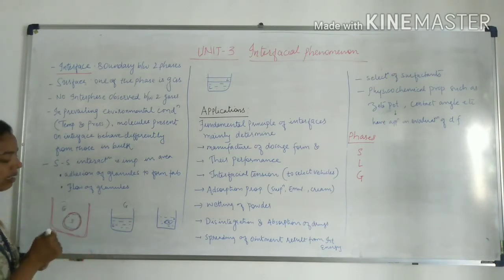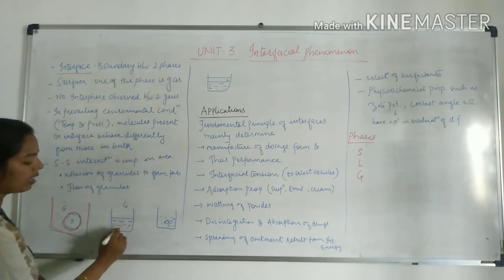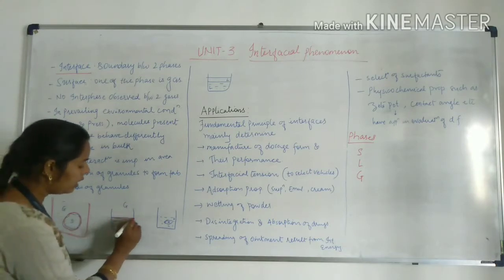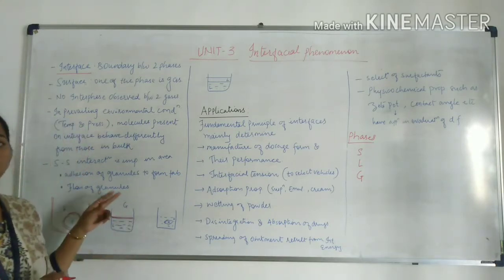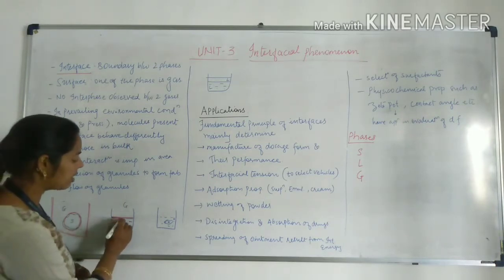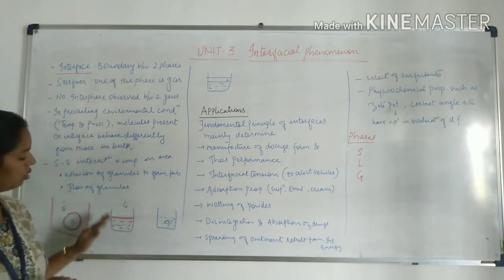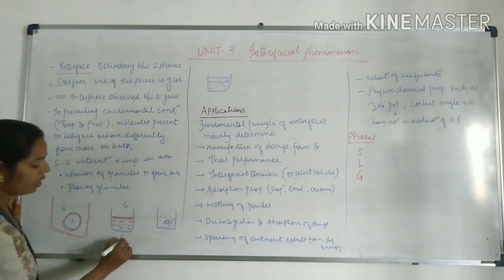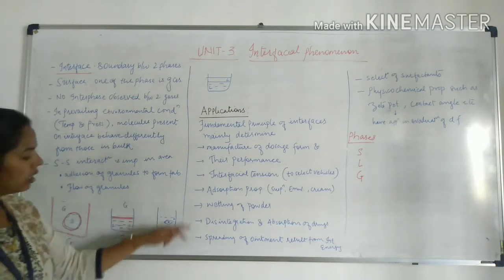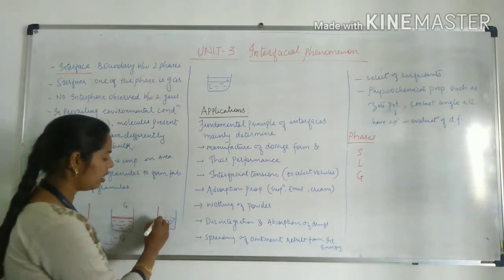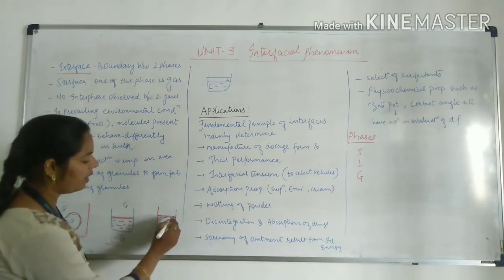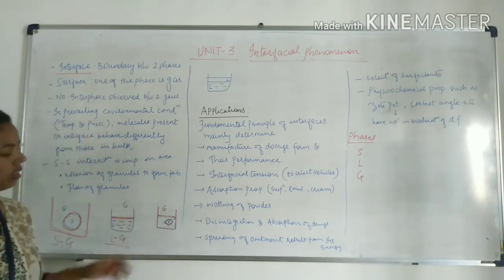Then second, suppose this is a liquid and this is gas. Again, the interface which will exist in between the gas and liquid would actually be the surface of the liquid. So this was the example of liquid and gas interface, and solid gas interface. Another example is one solid substance placed into a liquid, with a gaseous environment.